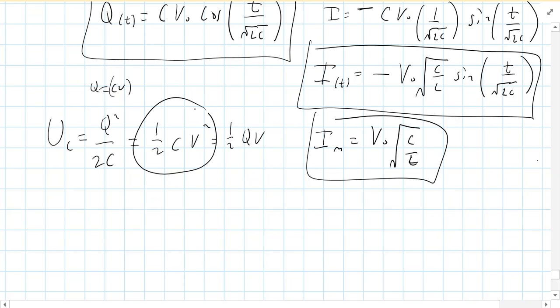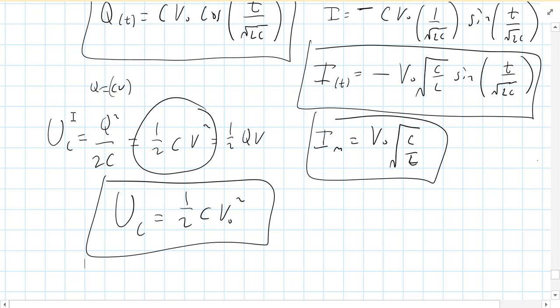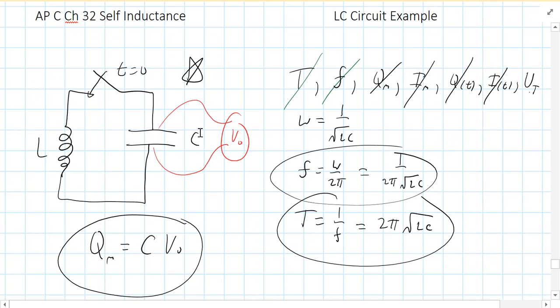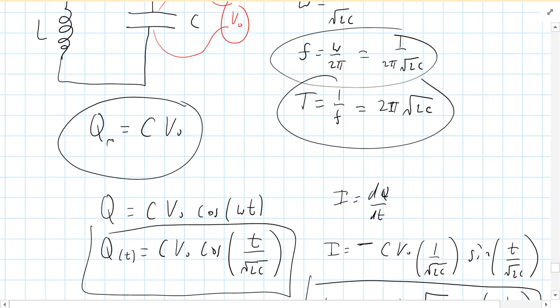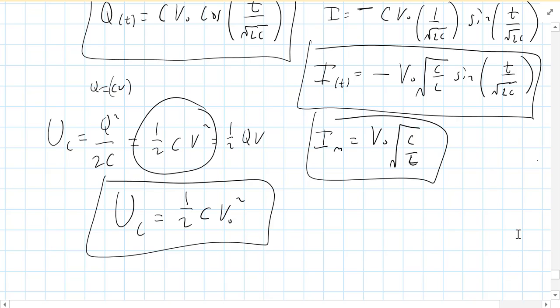I'll use that one. So the energy stored in the capacitor at the beginning, which is all the energy we have in our system, is 1/2 CV naught squared. And again, every single answer I've written is in terms of the three things: C, V naught, and L, and fundamental constants. We've got pi. So there you go.